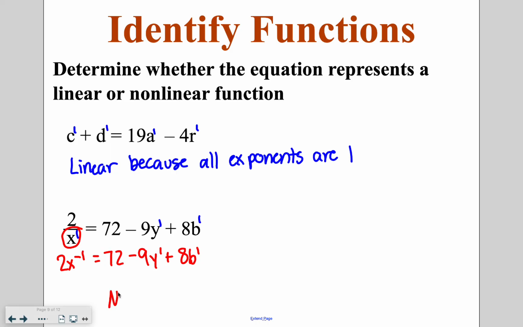So this is not a linear function because there is an exponent of negative 1. If you have an exponent in a denominator of a fraction on a variable, it is no longer a linear function.